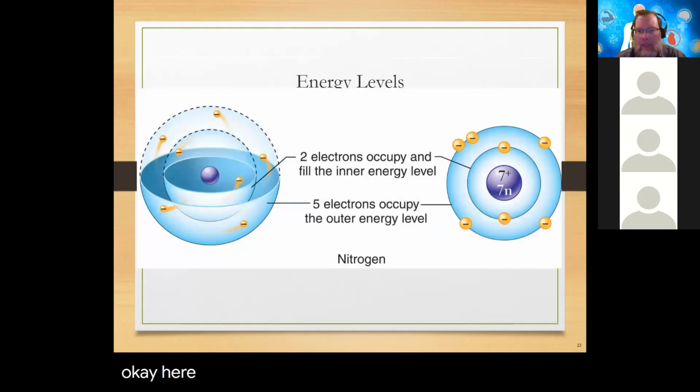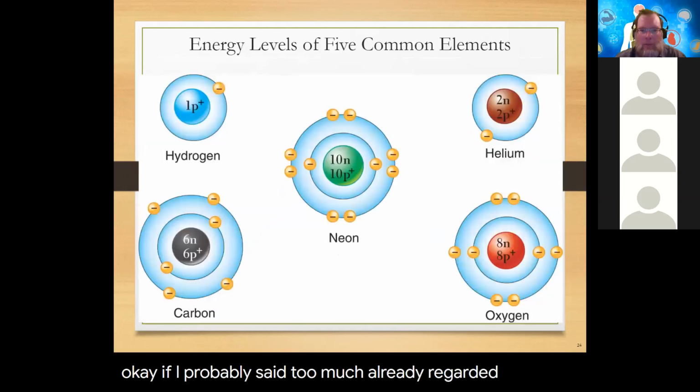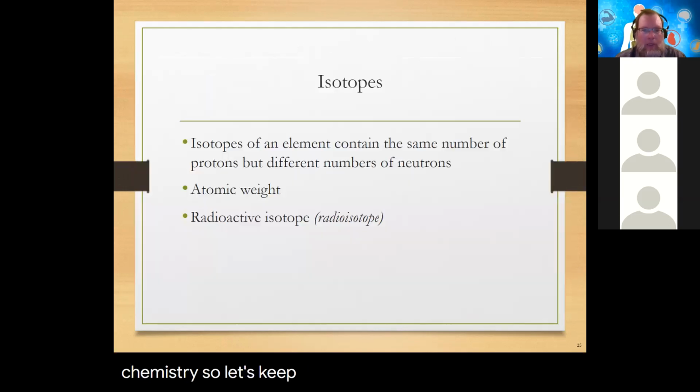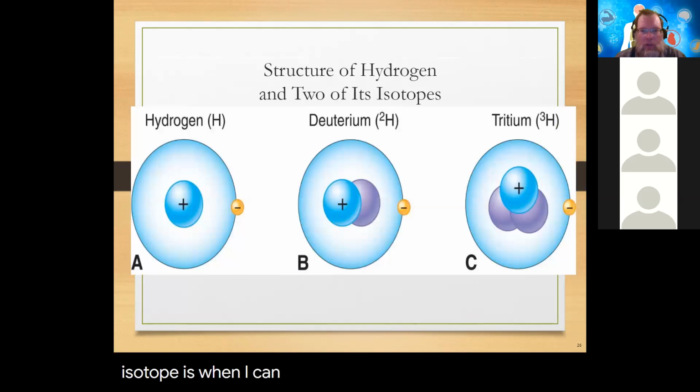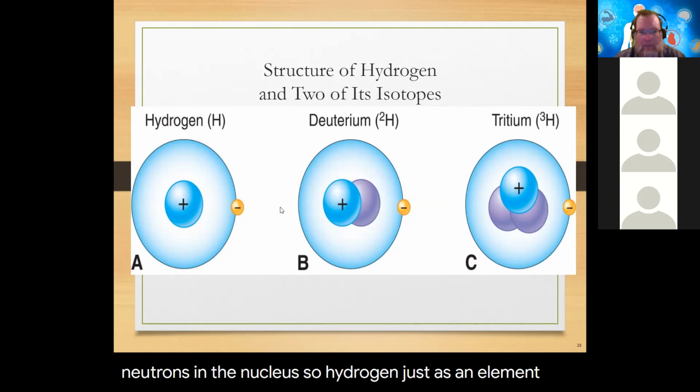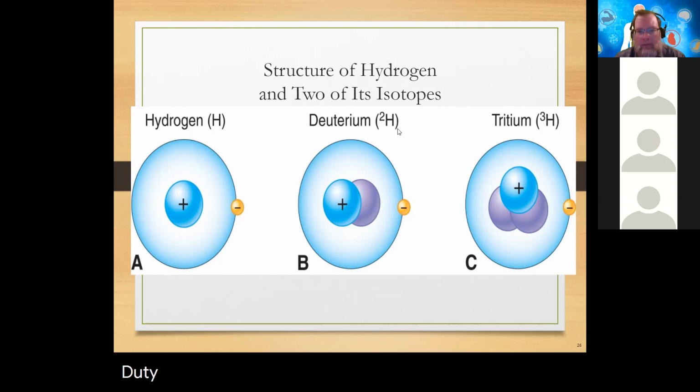Okay, I've probably said too much already regarding chemistry, so let's keep the line moving. Isotopes, again, an isotope is when I can alter the number of neutrons in the nucleus. So hydrogen, just as an element, and deuterium, I can change the number.